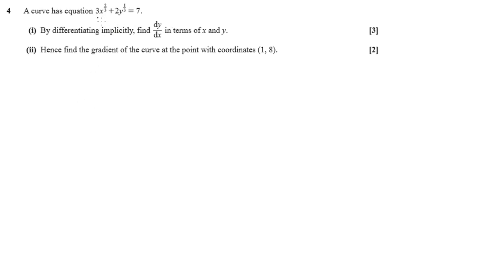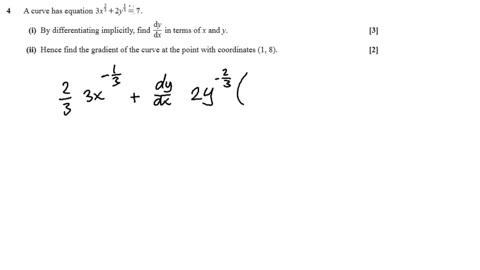Implicitly differentiating this whole expression by x will give us 2/3 lots of 3x to the minus 1/3, because you take 1 off the power, add dy/dx of 2y to the minus 2/3 multiplied by the power drop, which is 1/3, equals 7 differentiated by x, which gives me nothing.